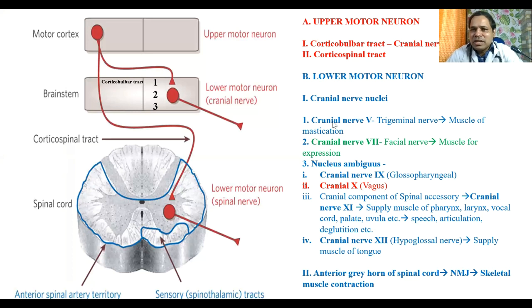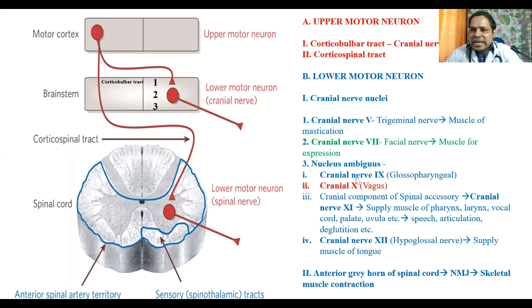You can see the numbers. Cranial nerve 5, trigeminal nerve, goes to the muscles of mastication. Cranial nerve 7, facial nerve, supplies the muscles of expression. I am showing this in green, and I'll tell you why. Then the third one, together called nucleus ambiguus.